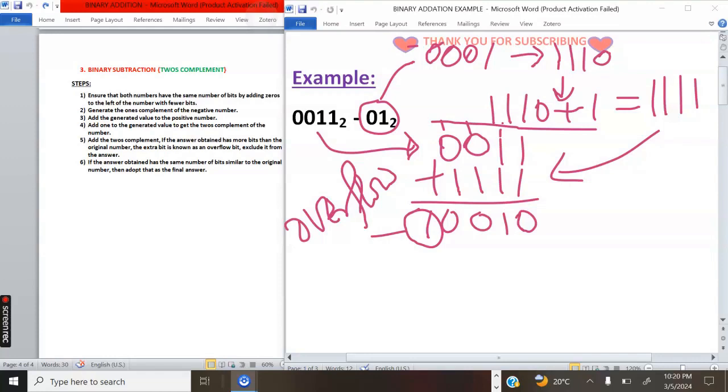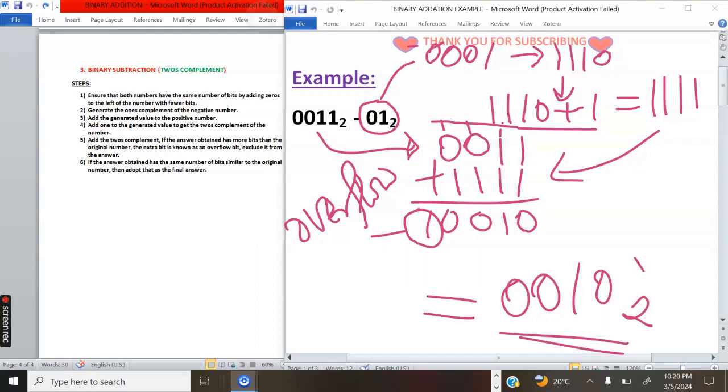Therefore, the final answer will be, we need to exclude the extra bit. Therefore, my final answer will be 0, 0, 1, 0. That is our answer. So what we have done, we have excluded the 1. Hope up to that point we are together.